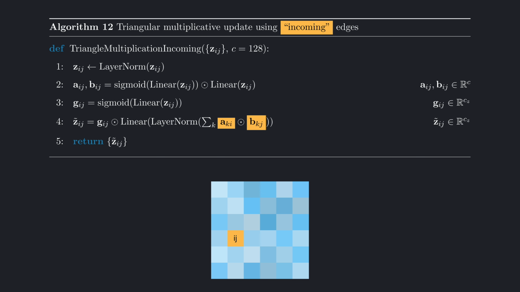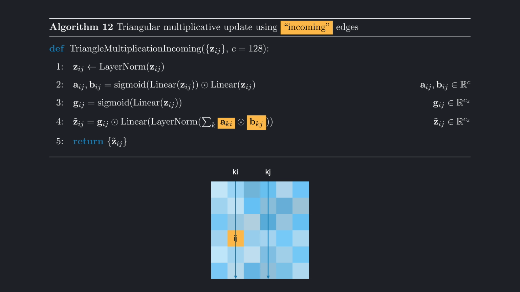We do basically the same thing in the incoming updates. Highlighted in yellow are all the differences to the algorithm we just saw. Here, to compute the update for ij, we want to look at the other incoming edges kj. To complete the triangle, we also consider the entries ki, and the concrete operation is pointwise multiplication of the two columns, followed by summation along the row dimension.